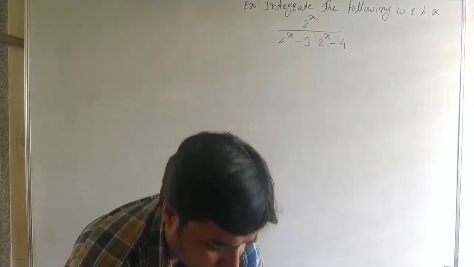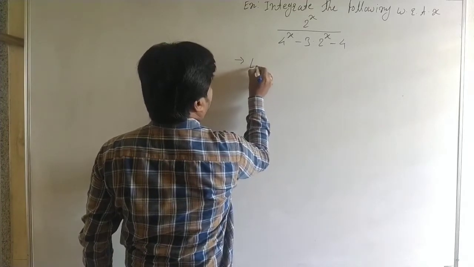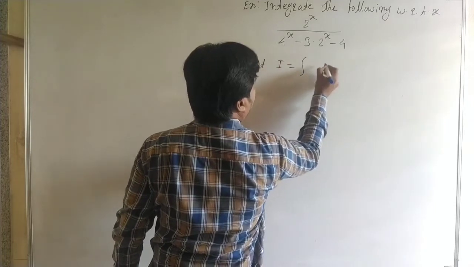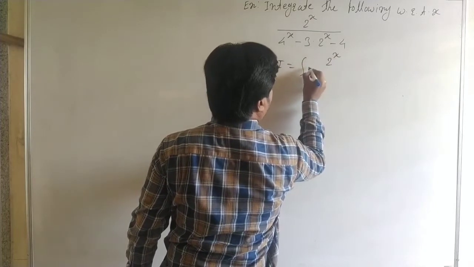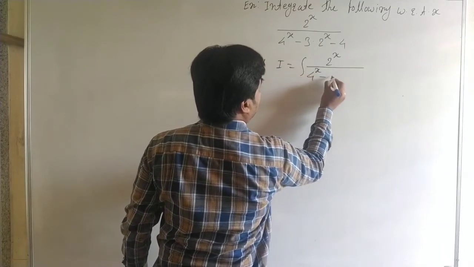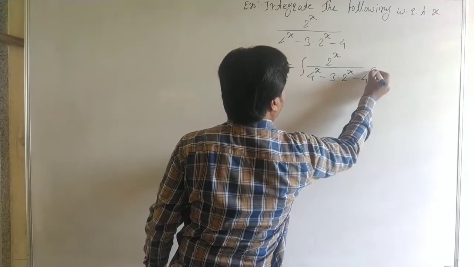Okay, now see carefully. Let I is equal to the integral of 2 to the power x upon (4 to the power x minus 3 into 2 to the power x minus 4) dx.